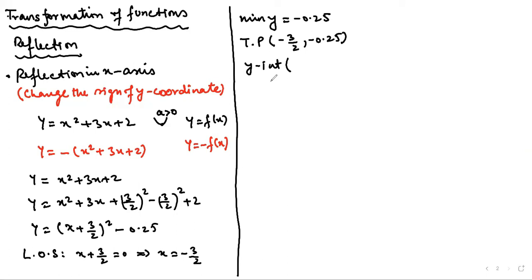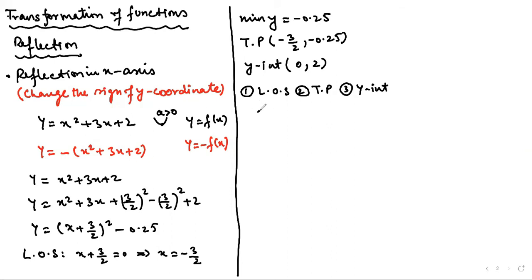Now we will find the y-intercept. By putting x equal to 0 into this curve, we get (0, 2). Now we will draw this curve. The steps to draw a quadratic curve are: first, draw the line of symmetry; second, the turning point; third, the y-intercept. We can also find the x-intercepts by putting y equal to 0.